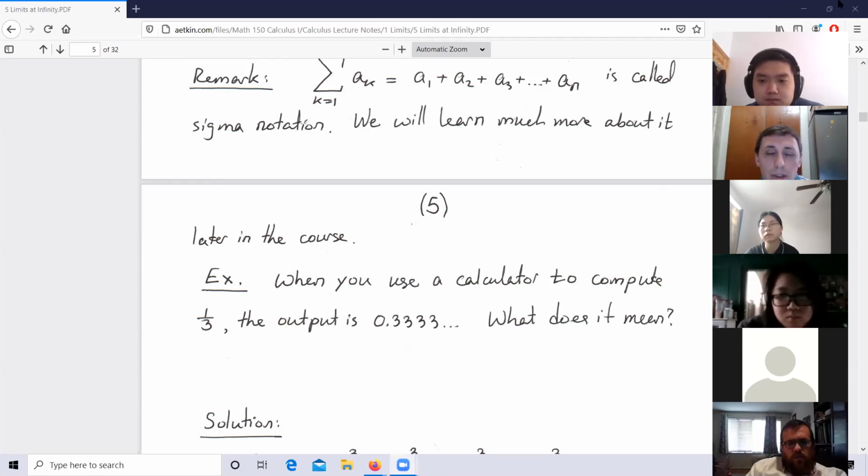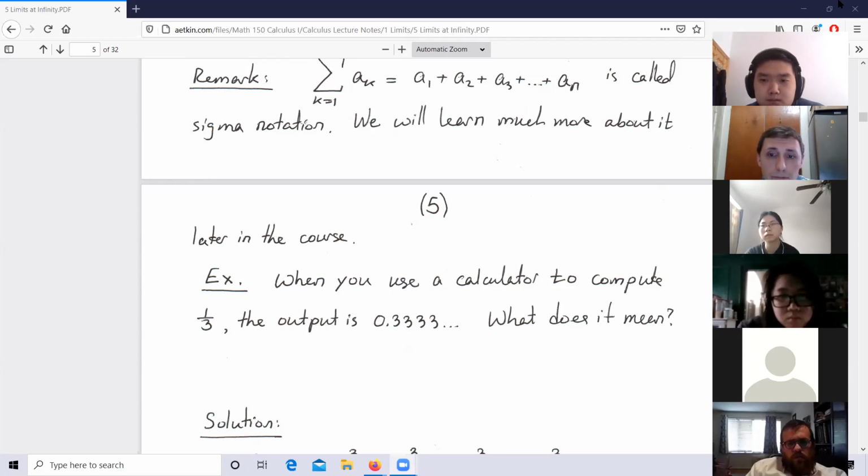It means what? You mean not ending, but what is that? What does 0.333 represent?